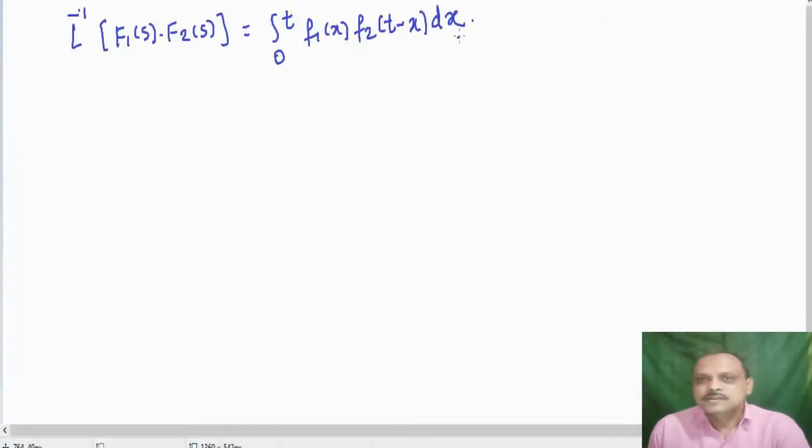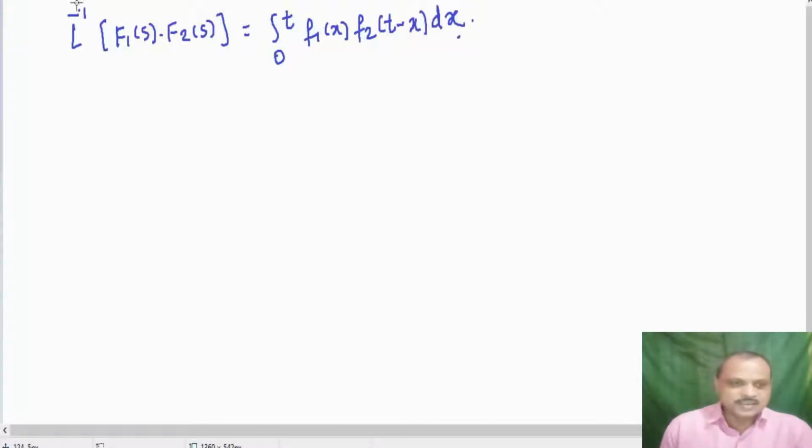This is the convolution formula for inverse Laplace transform. So let us see an example of how to apply this convolution theorem of inverse Laplace transforms to simplify problems.